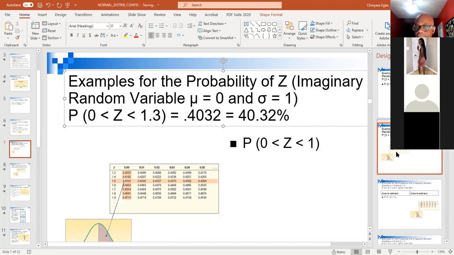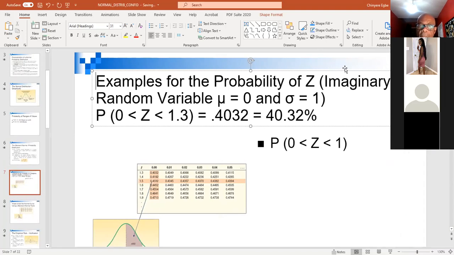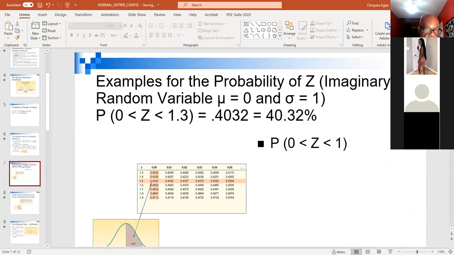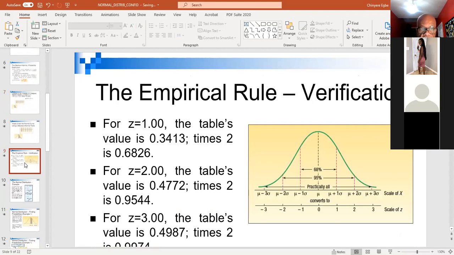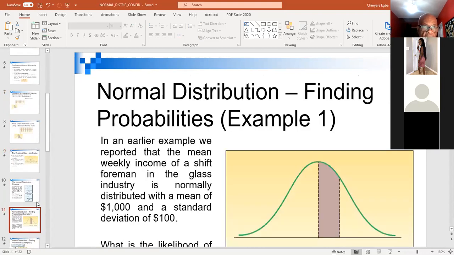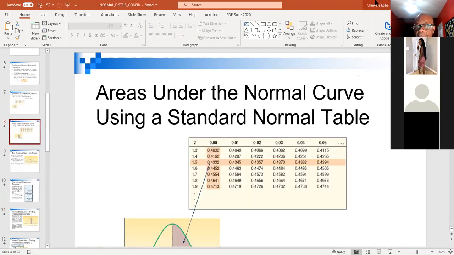Okay. So now we're going to look at other examples. And before we do that, I'm going to get another table. Okay. I'm going to get another table of normal distribution so as to give you a full illustration. Okay. So just give me 1 minute.